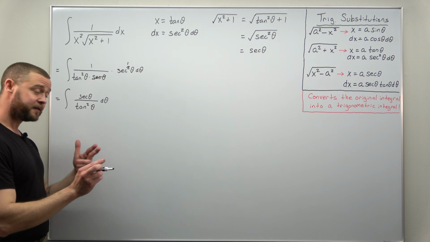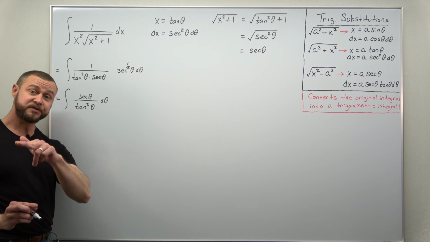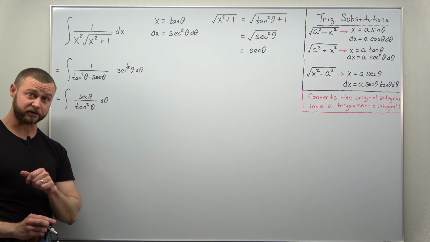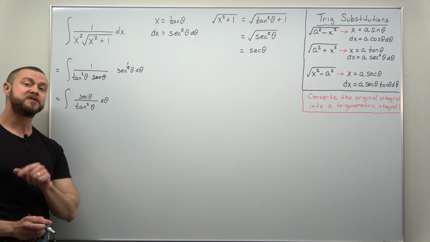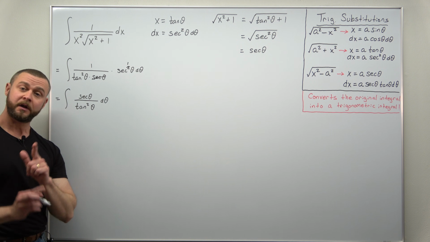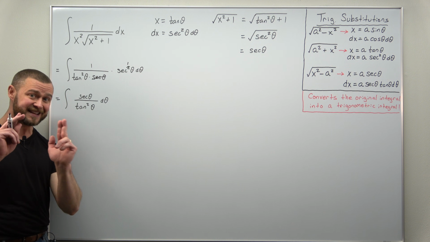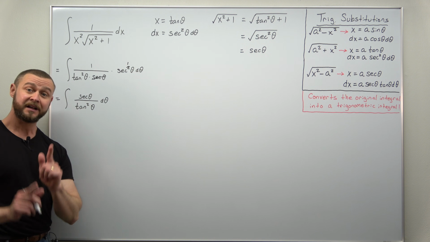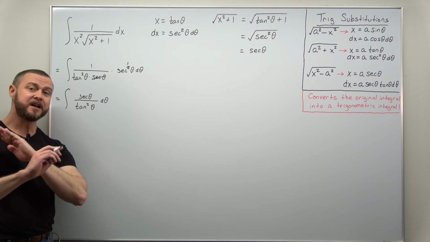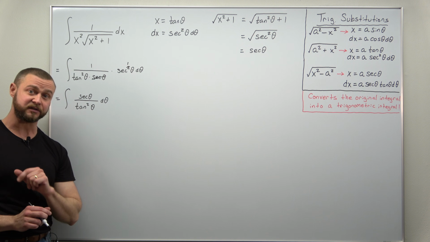Now, this doesn't seem to fit any of those two standard types of trig integrals in terms of powers of sines and cosines or powers of secants and tangents. A great tip and technique to use for these weird trig integrals: rewrite everything in terms of sines and cosines.